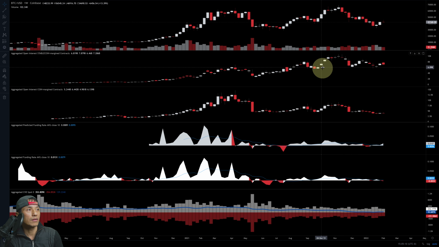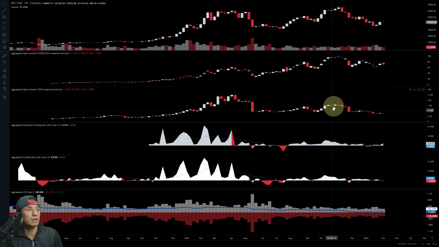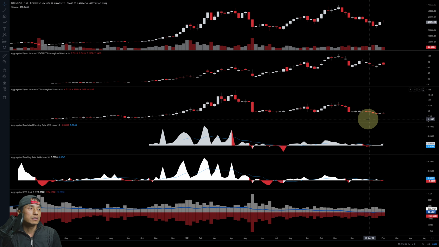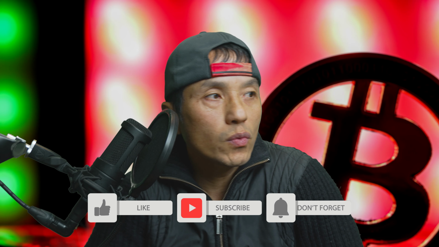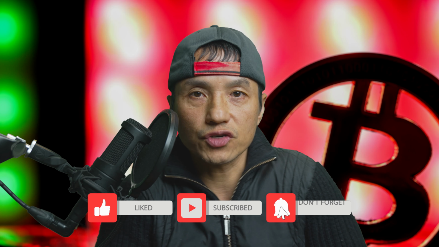And right here, if you look at open interest ever since the all-time high, it has been decreasing in both stablecoins and coin margin using BTC and Ethereum, etc. So I think it's really important to make sure that we zoom out and keep an eye on the overall trend.